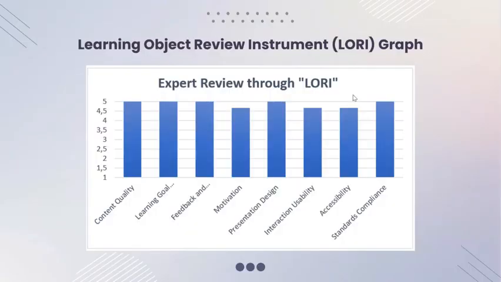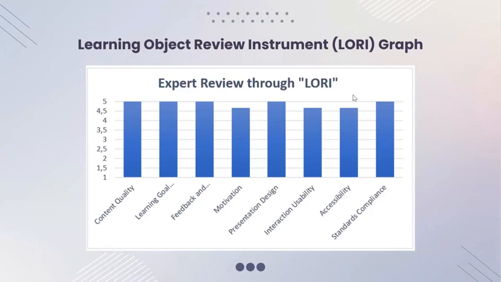The next part we will see is the logic graph. So you can see here the experts were using LORI to review the module, and as we can see here, from a range of 1 to 5, the average values are around 4, 4.5 and 5, which just shows positive results.